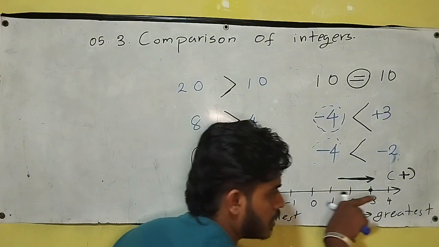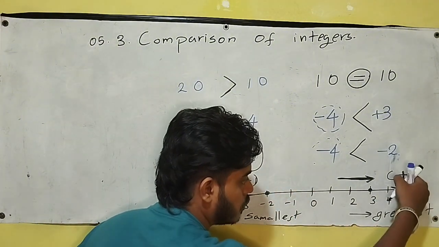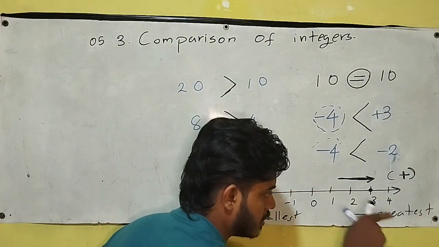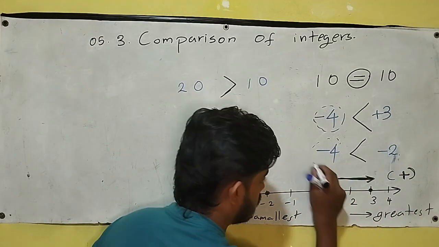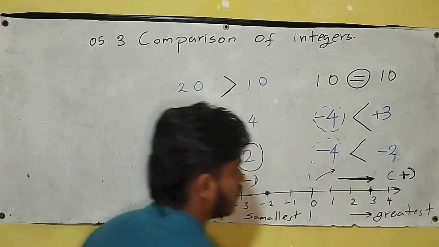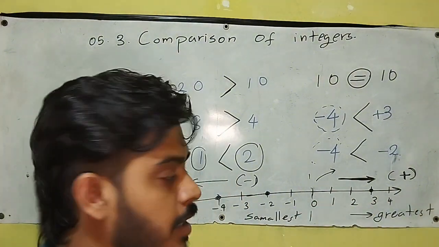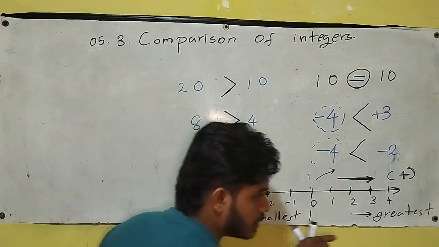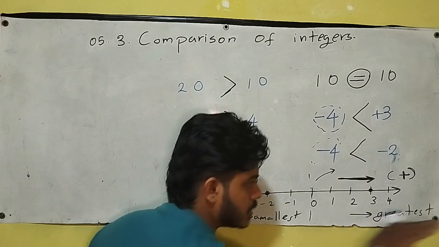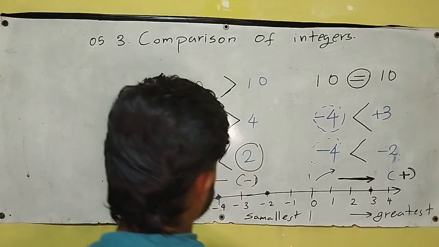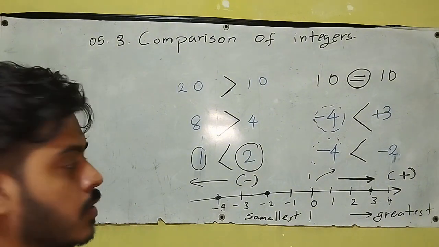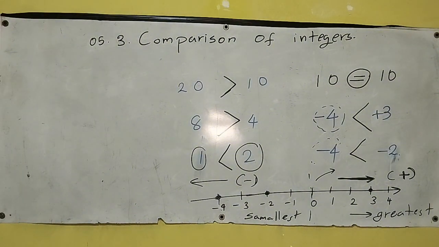Why? Towards this side, positive as well as greatest, positive since the beginning line, okay? But the greatest value is towards the right hand. Towards the left hand, the smallest value. Okay? You have to understand. Very easy thing.